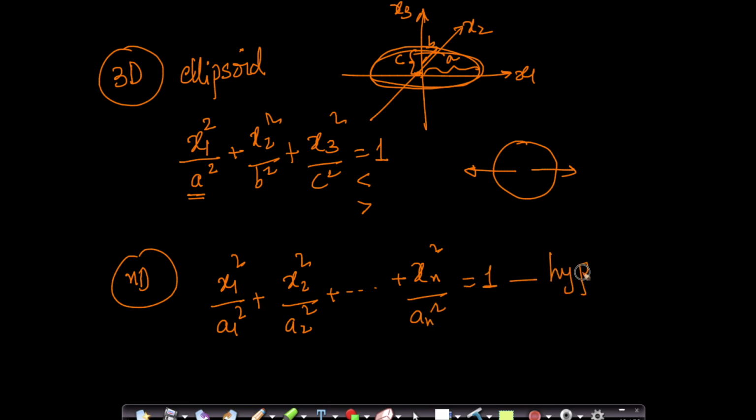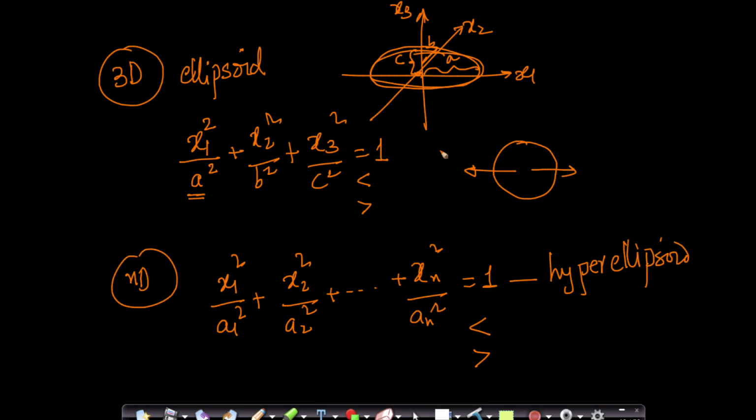Such an ellipse in n-dimensional space is called a hyperellipsoid. The same argument holds: less than 1 means a given point lies within the ellipsoid, and greater than 1 means it lies outside the hyperellipsoid. All of that simply flows.